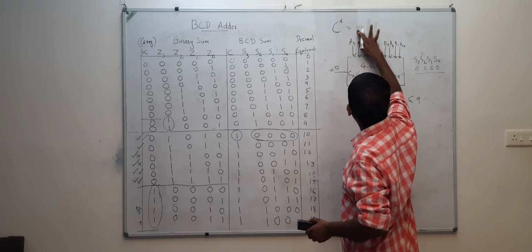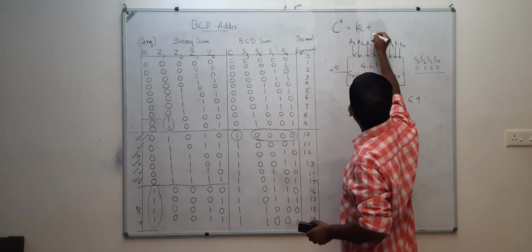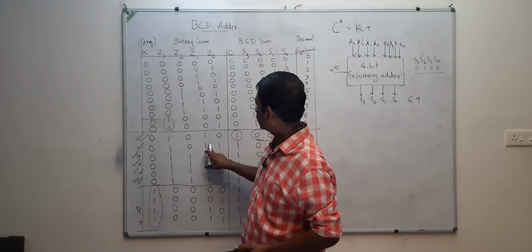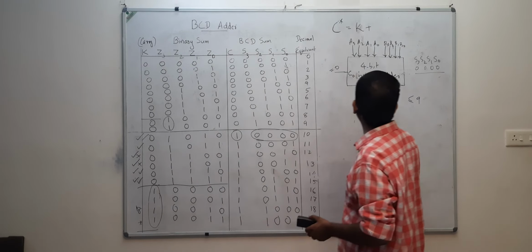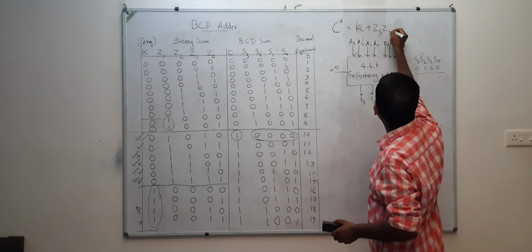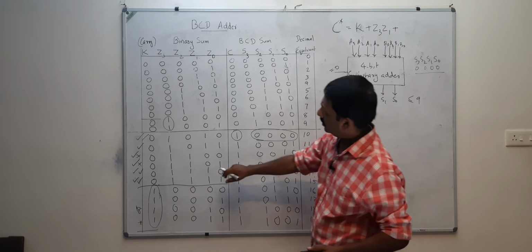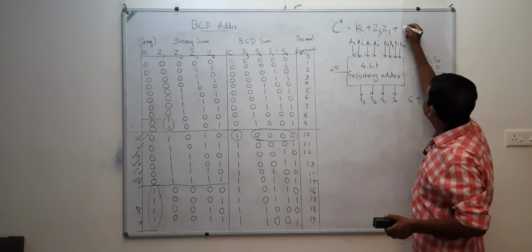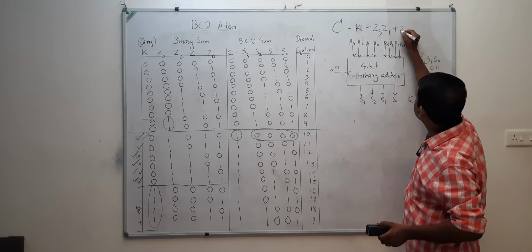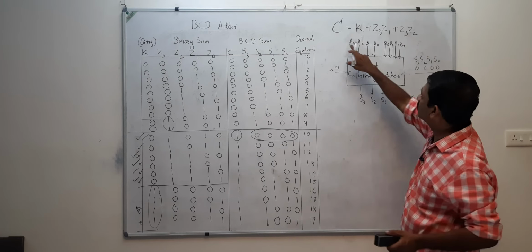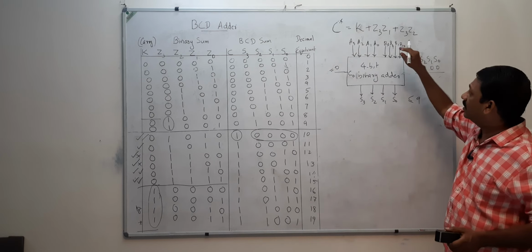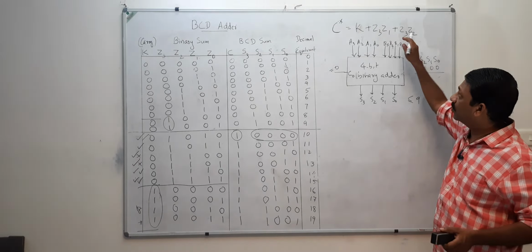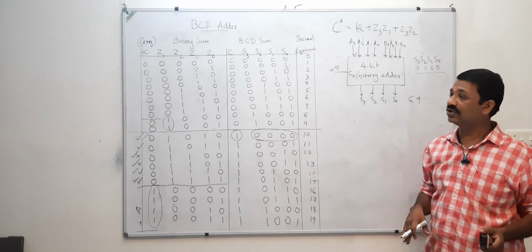This is K. Or next is, if Z3 and Z1 are ones, that means K plus Z3 Z1, plus, if Z3 and Z2 are ones, again we have to add 0, 1, 1, 0, that means Z3 Z2. That means this is the expression by looking at which you can take a decision upon whether to add 0 or 0, 1, 1, 0.